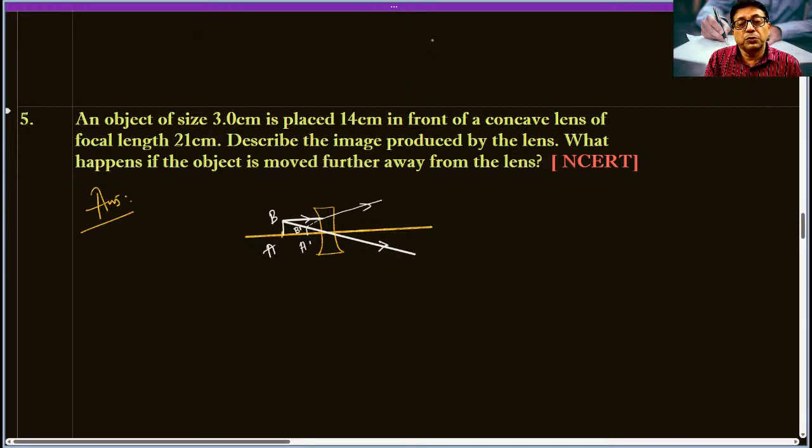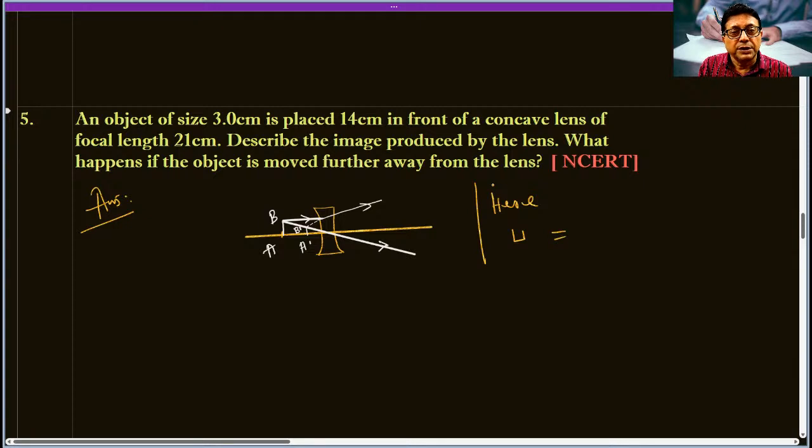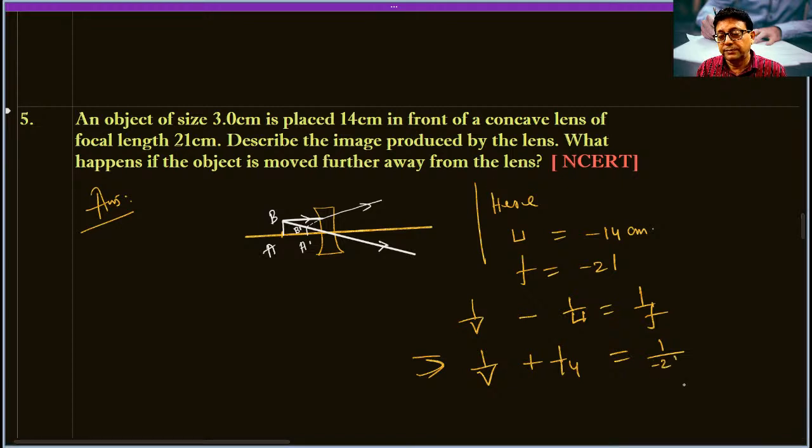Okay? So u equal to minus 14 for this sum, and f always negative for concave, minus 21. So use the lens relation 1 by v minus 1 by u equal to 1 by f. Clear?